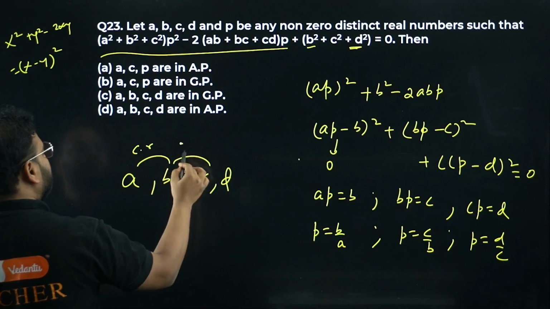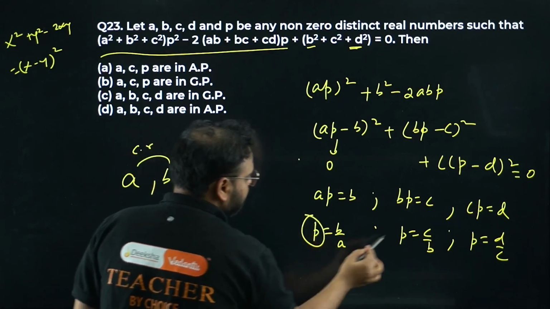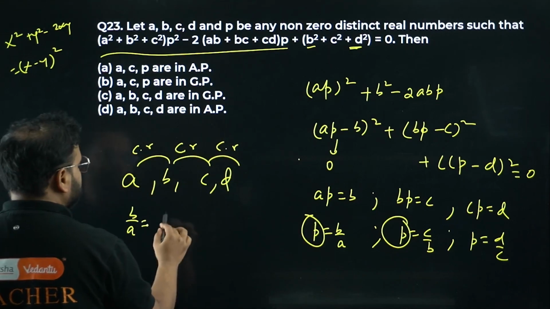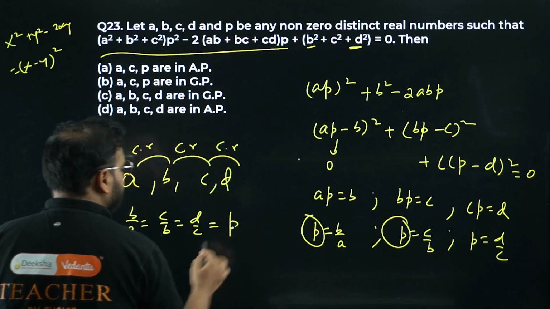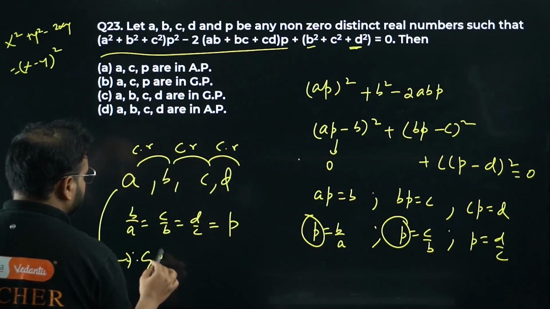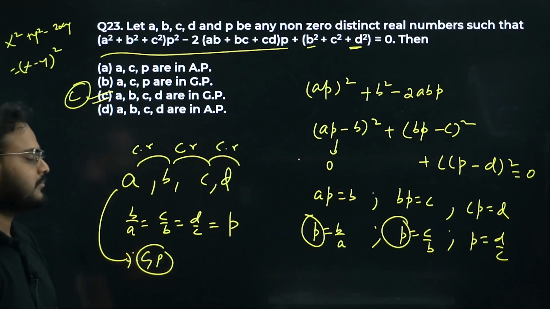One more time, common ratio. This also is called common ratio, and that value is nothing but P. So B by A equals C by B equals D by C equals P. It means it's going to be in GP, so we'll have the answer as option C. Option C is correct.